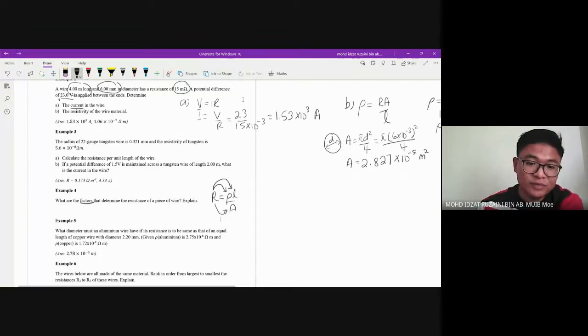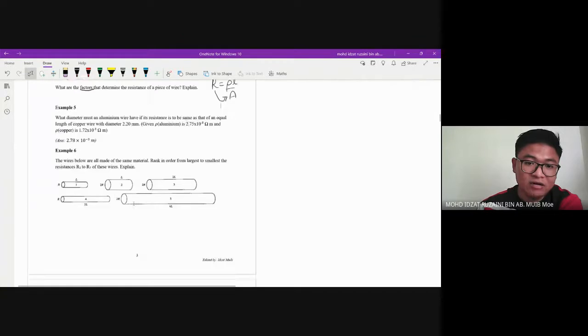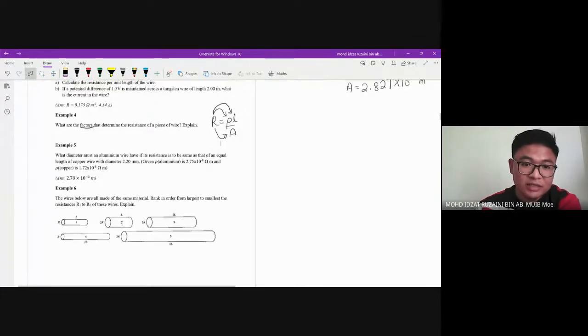Okay, or the last one, look at example 6. Okay, the wires below are all made of the same material. So for number 6, the rho is the same.